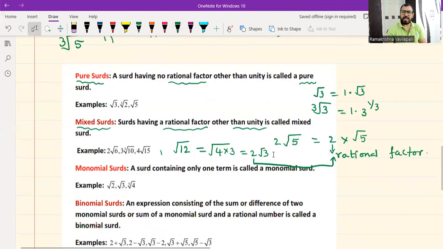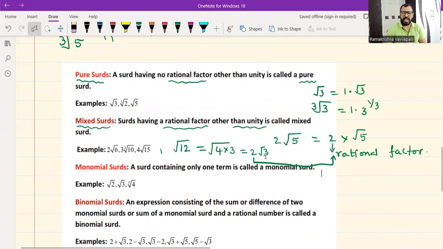So mixed surds are the surds which must have a rational factor other than unity. Like you can take root over 75. I can write root over 25 into 3, that's equal to 5 into root 3, which is a mixed surd. So pure surd means it should not have any rational factor other than 1.